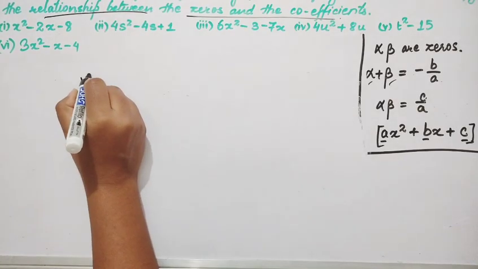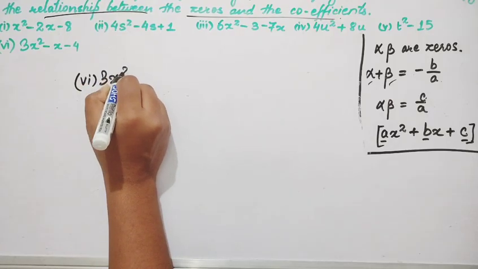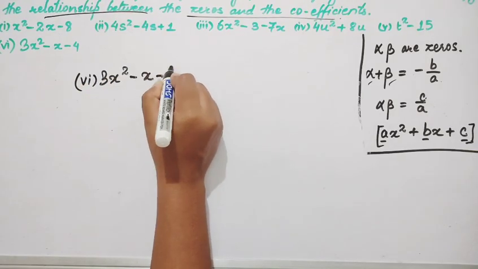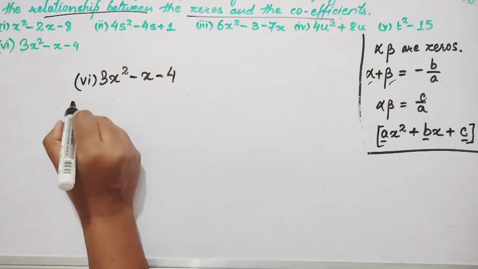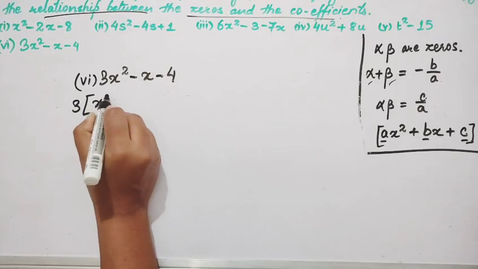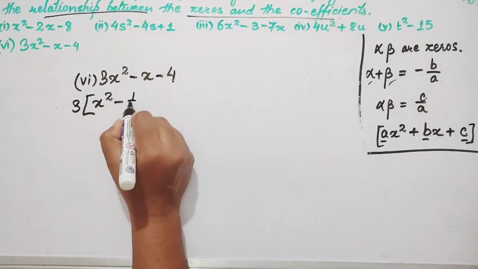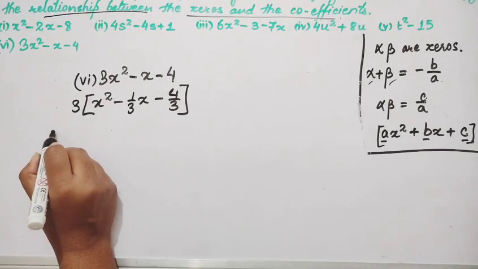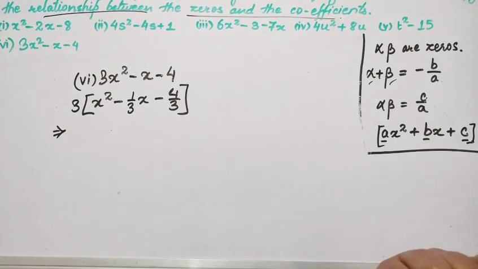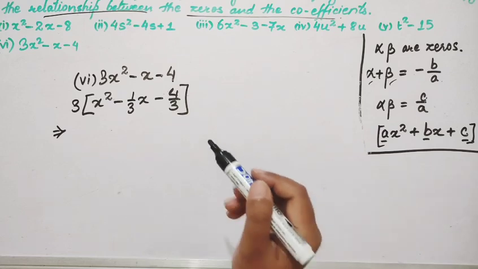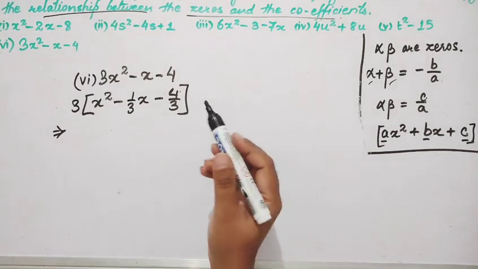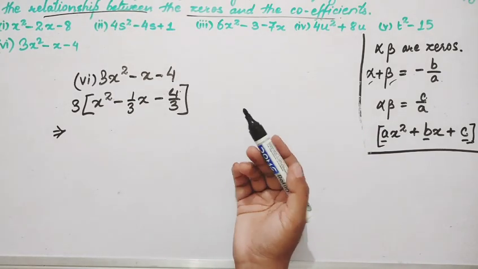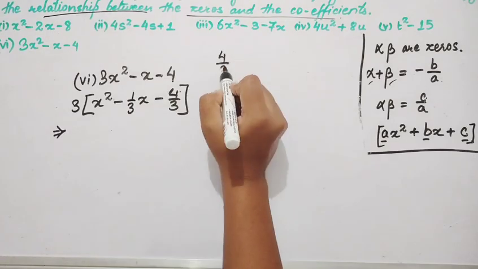The last one we have is 3x square minus x minus 4. Here again we will take 3 as common, which will give us x square minus 1 by 3 x minus 4 by 3. Here again we will take two numbers, which will lead us to 4 by 3 when multiplied and 1 by 3 when subtracted.